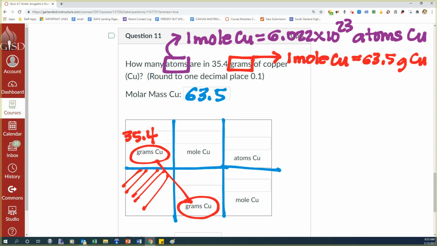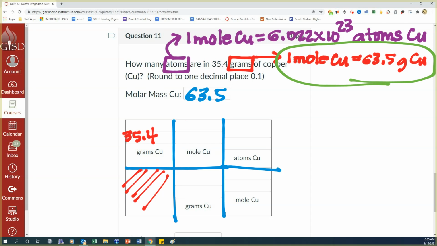Check. All right. Therefore, again, the next boxes, these boxes, guys, are conversion factors. So therefore, you look at your conversion factor, which one has the grams. I see this one has the grams. You see it? And that's what you're going to use. So 63.5 goes at the bottom, and then 1 mole goes on top.